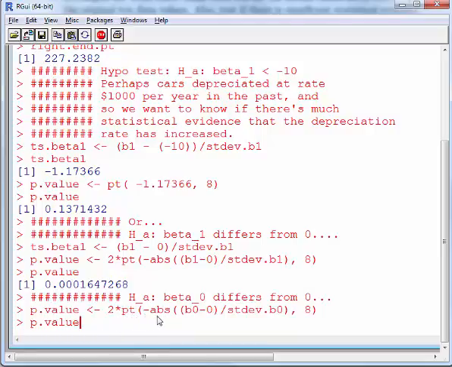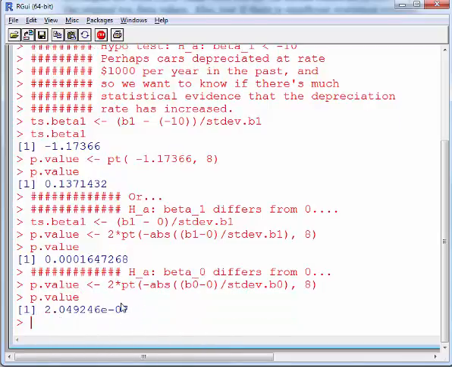So that I don't have to think about it, I'm taking the absolute value of this test statistic, and then finding the negative of it, so that I'm finding the tail area on the negative end of the t distribution, multiplying by 2, and my p-value is pretty small.